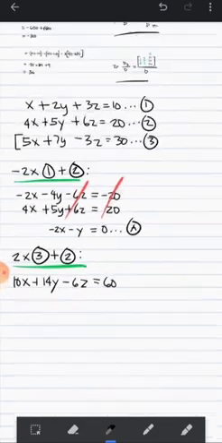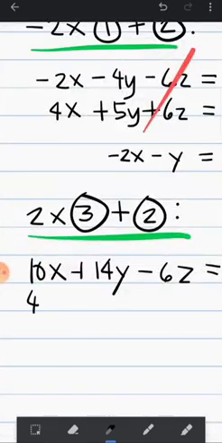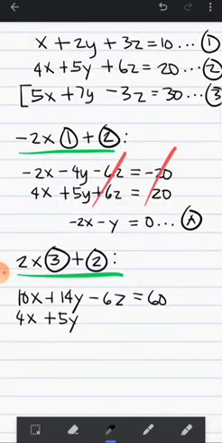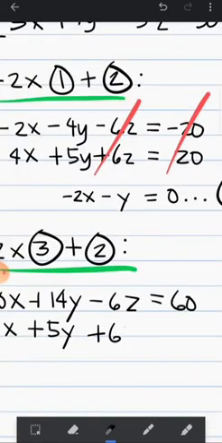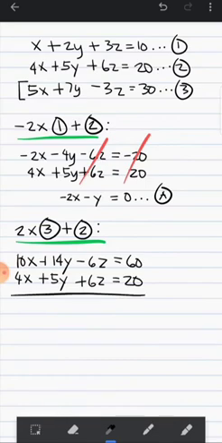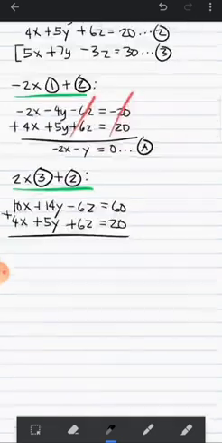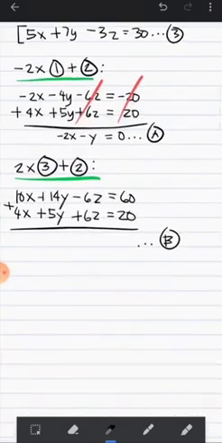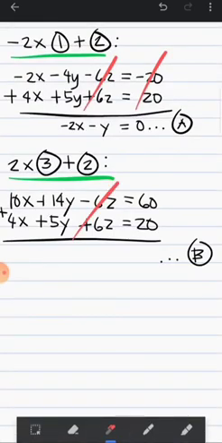And then adding it to equation 2, 4x plus 5y plus 6z is equal to 20. And then that gives us equation B. So this will cancel out.